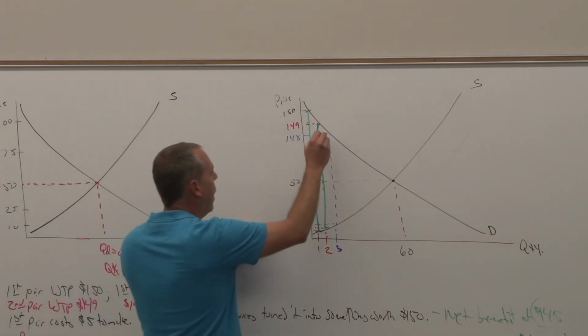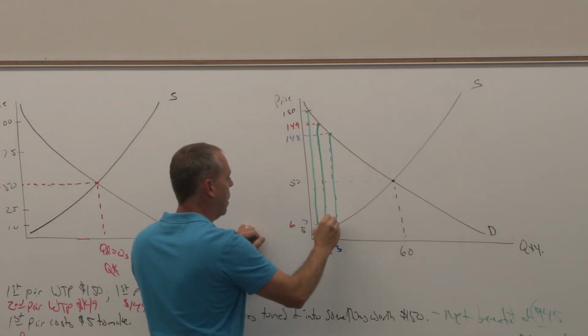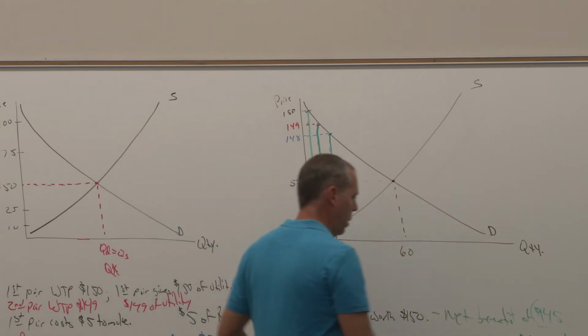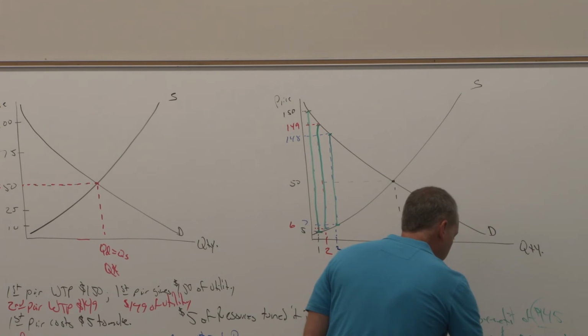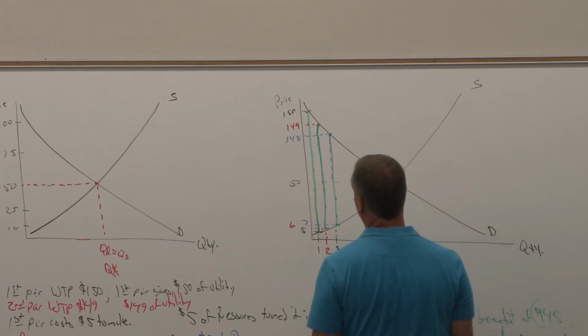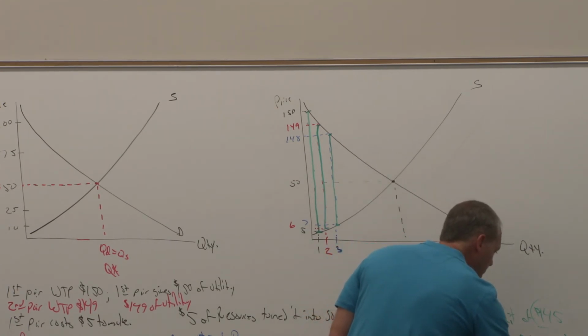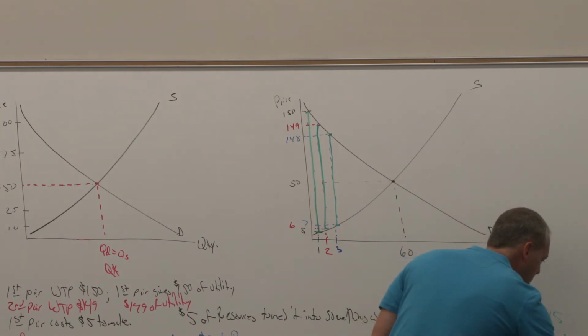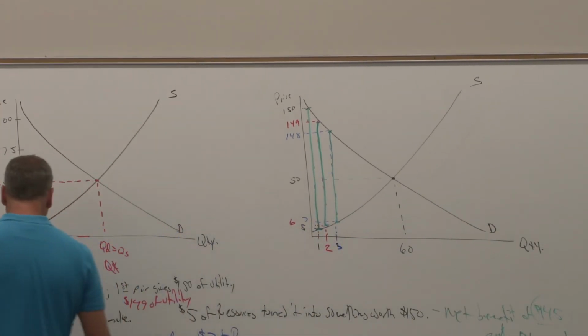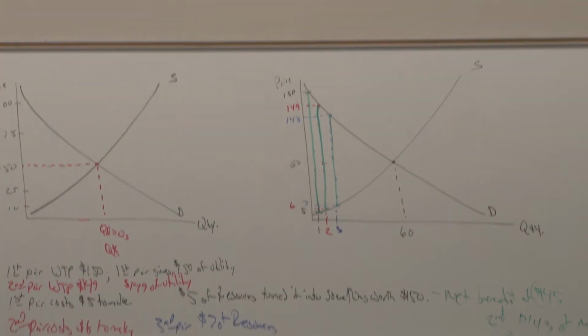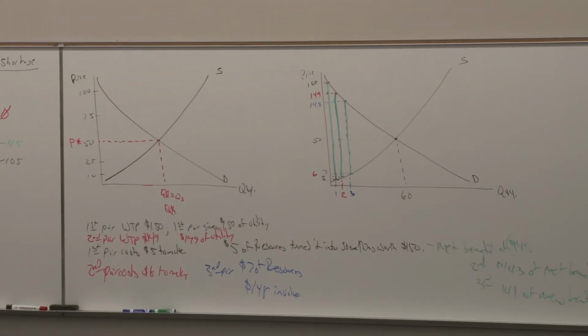So here we've got the second, third, $141 of new benefits. Like I said, we don't know who's getting it yet, but that's not important right now. Let's look at jean pair number 59.